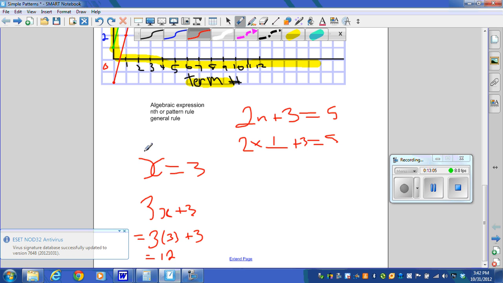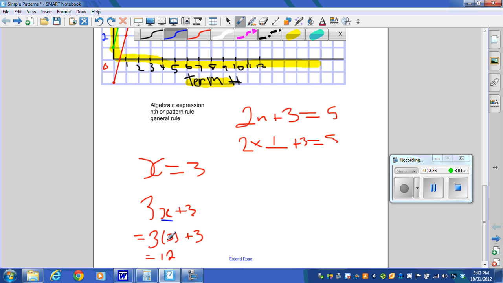In this case, you have to substitute in for the variable because you're given x equals 3. This basically means that you want the value of the third term. We put the term number into the x, because x is just a placeholder. We know that 3 with the number in brackets is 3 times 3.